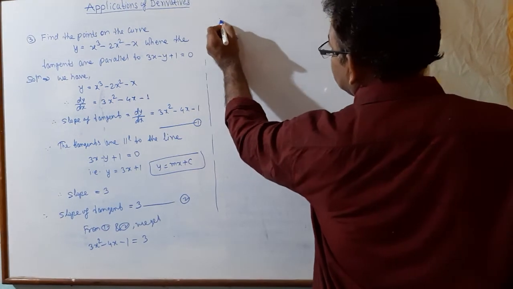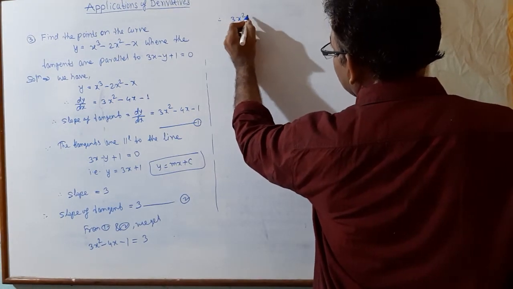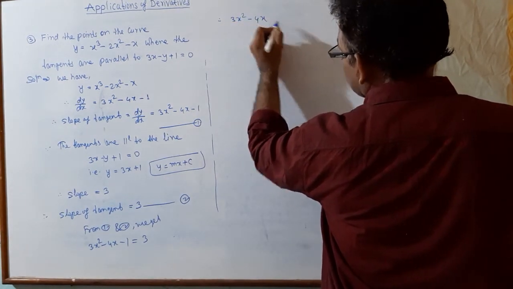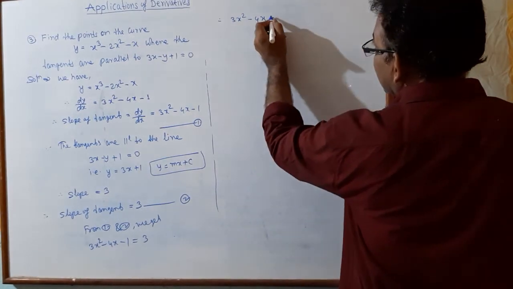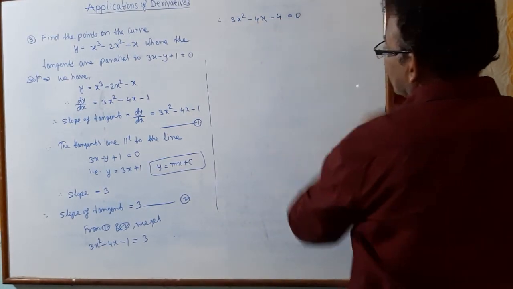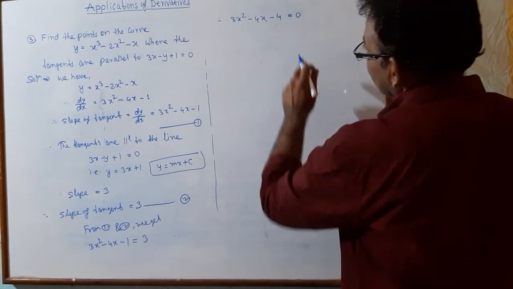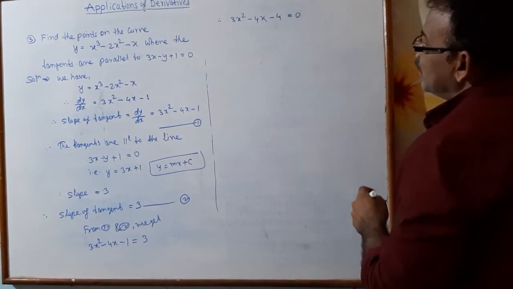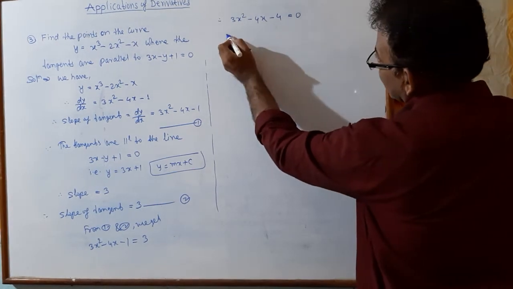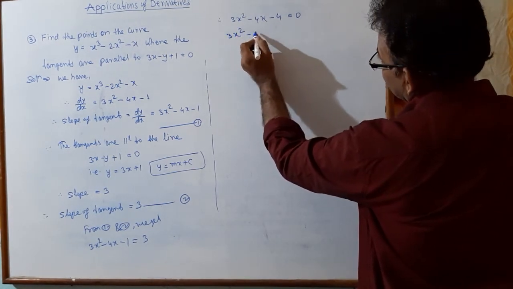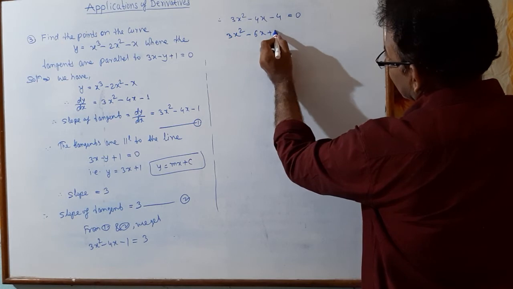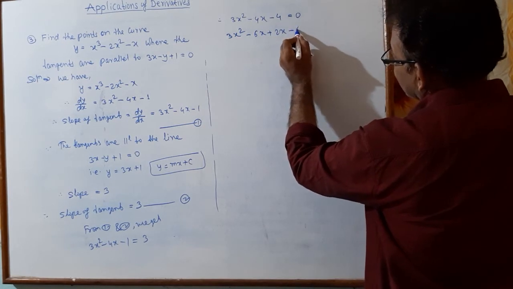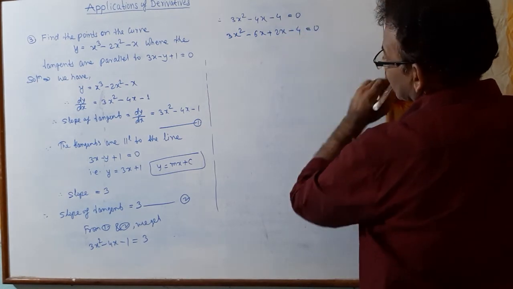And therefore we get 3x square minus 4x minus 1 minus 3, that is minus 4, equal to 0. Quadratic equation. Simplify. Minus 4 into 3 is minus 12. Factorize minus 12 such that their difference is minus 4. So we get 3x square minus 6x plus 2x minus 4 equal to 0.